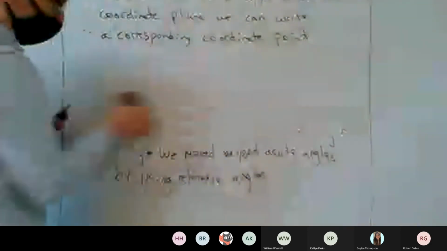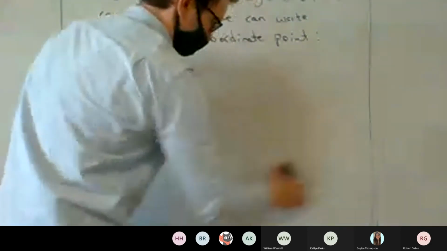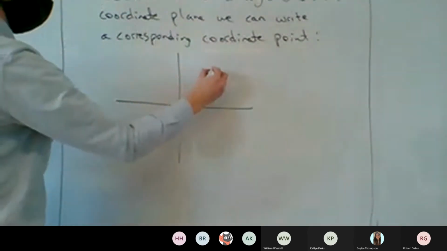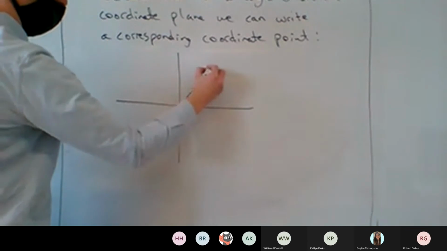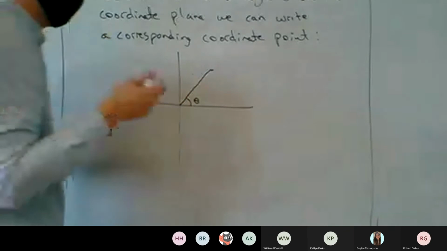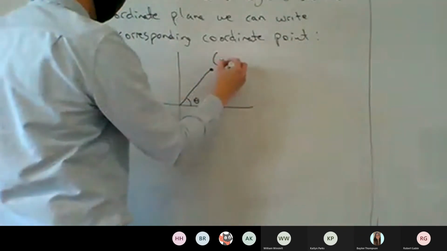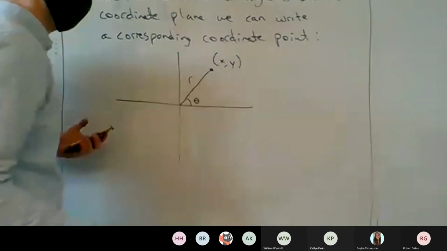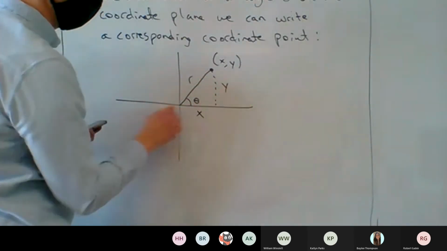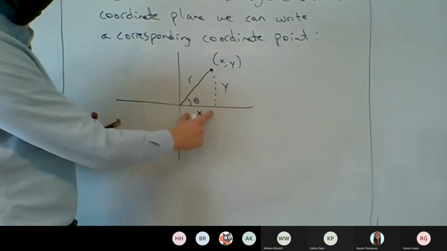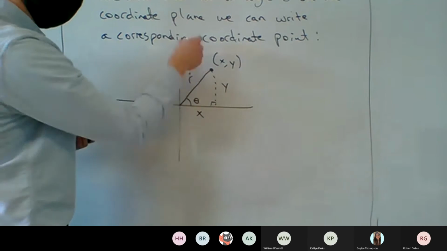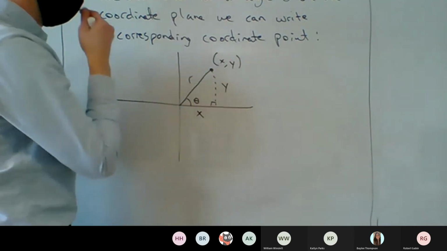We've already seen this picture, but I'm just reiterating here. So if we have some angle theta, then for a given length here, which we'll call r, we can consider this coordinate point, which would come from the x value being how long this side of the triangle is, if I drew a right triangle here, and this side is the y value, how long this leg of the triangle is.